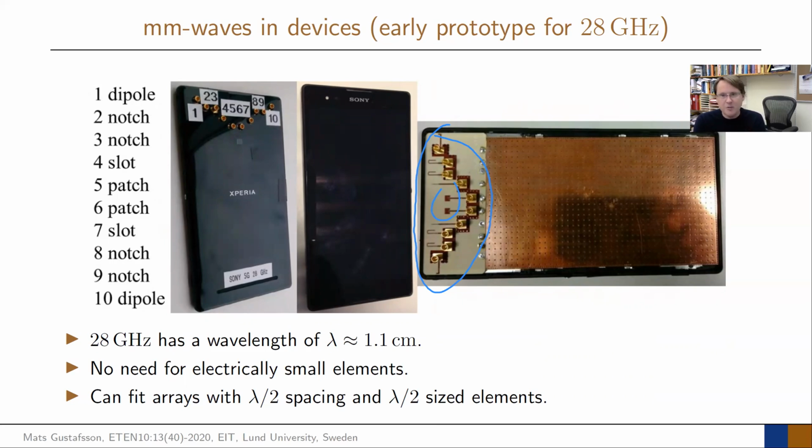They fit quite a few, in some ways. So you can test different types of antennas, and it means you can really fit arrays inside of this. And you can have arrays with approximately lambda over 2 spacing, sometimes slightly larger and so on, but of that order, you can really fit inside of them.